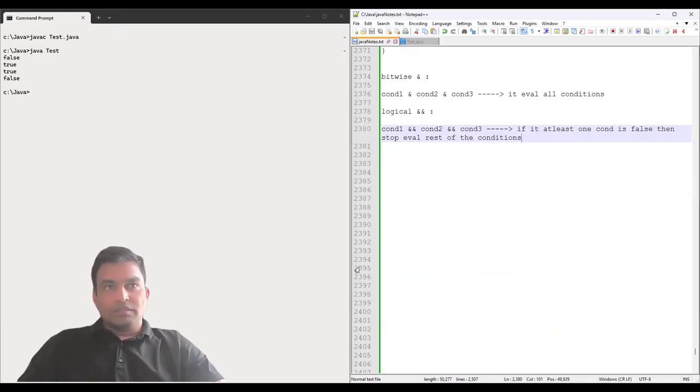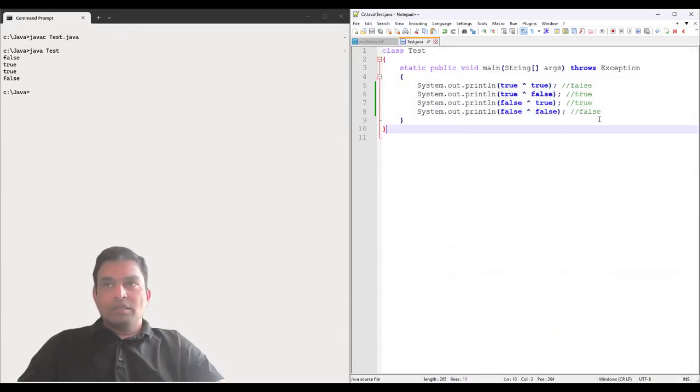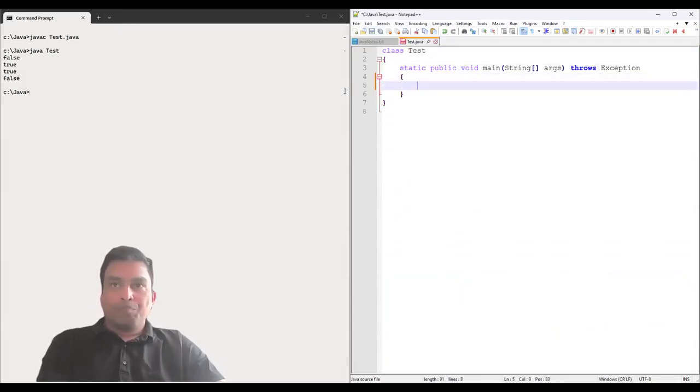Let's see one simple example to understand this difference a little better. Let's say I have an int x equal to 10 and y equal to 15.